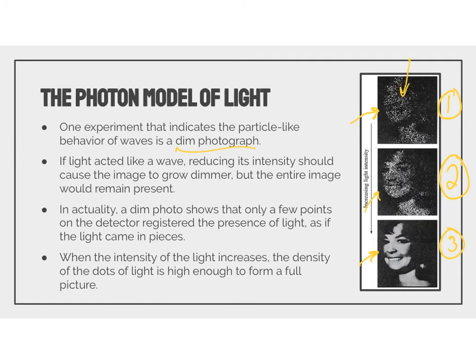We can see the particles that make up the image, but we don't see the full image. That's kind of weird, because then how is it satisfying that wave-like behavior? It's a complex thing: the less intense the light is, the less of the picture that we see. So that's a great image for this concept of the photon model of light.